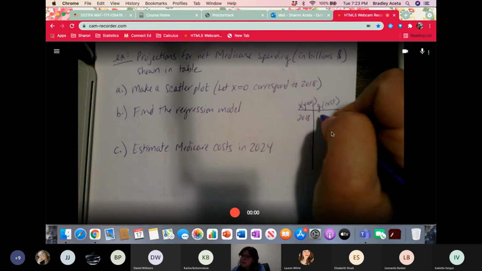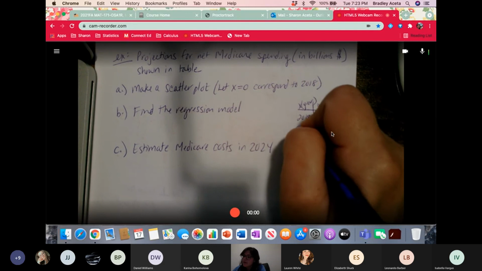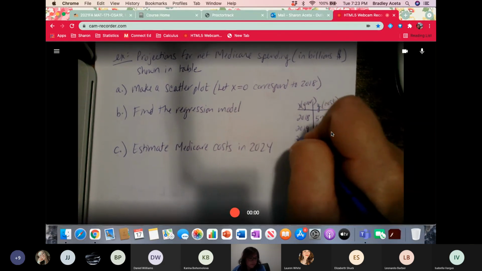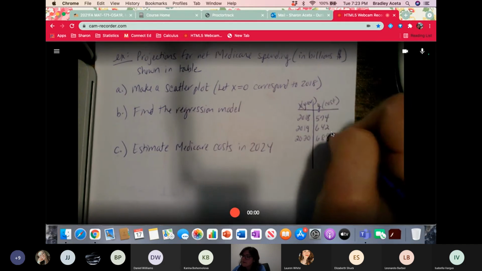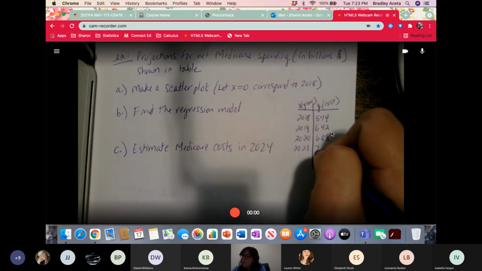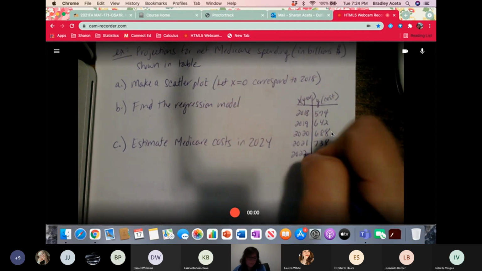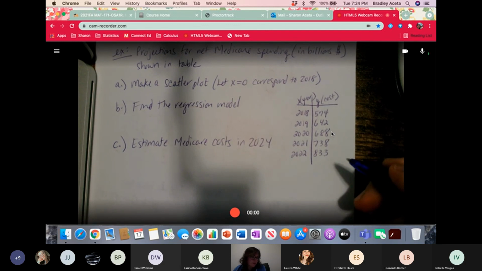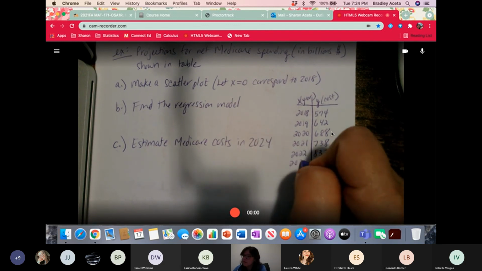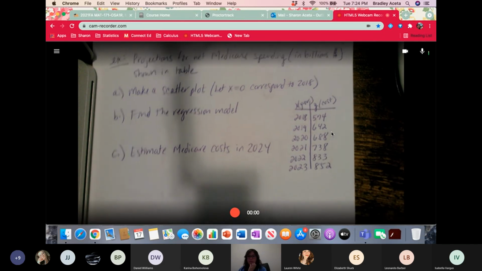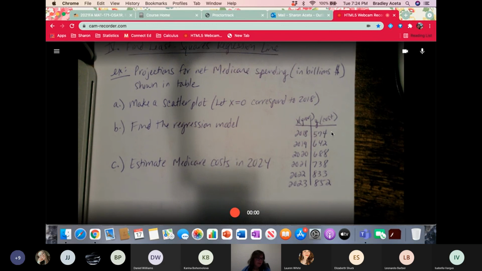So in 2018, the cost was $574 billion. 2019, 642. 2020, 688. 2021, 738. 2022, 833. And then 2023, 852.